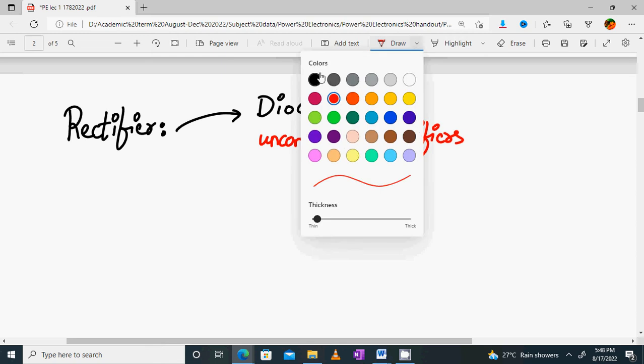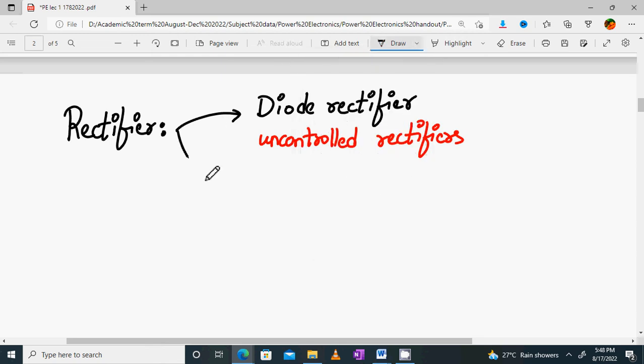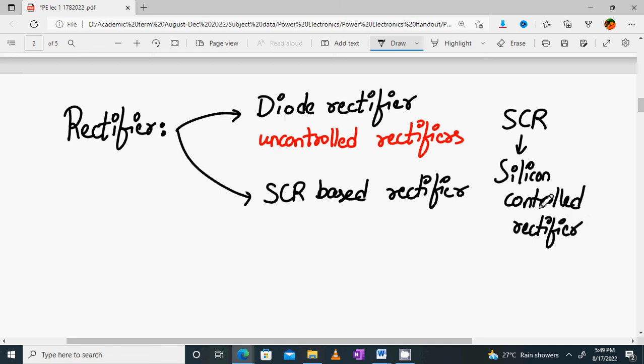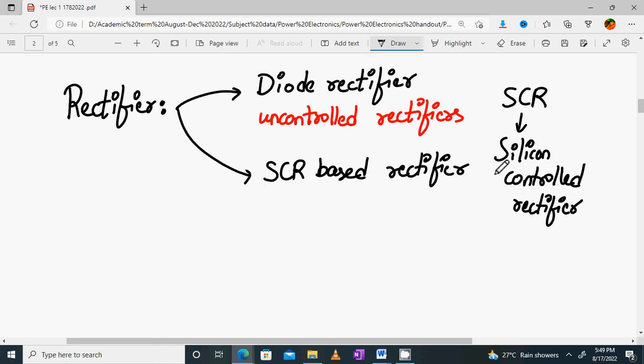In this semester in power electronics, we are going to study SCR based rectifiers. The name SCR stands for silicon controlled rectifier. The majority of SCR applications are in rectifiers. It's also used for other conversions, but the most famous is rectifier circuits.